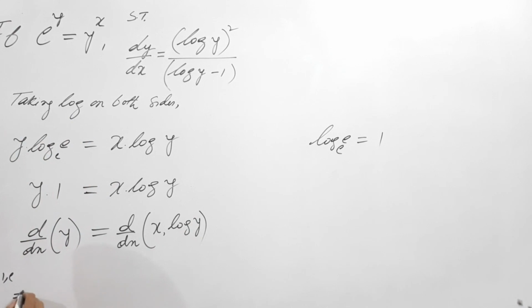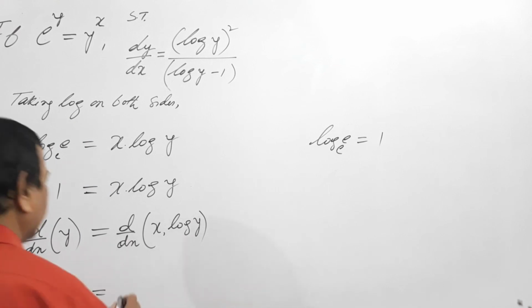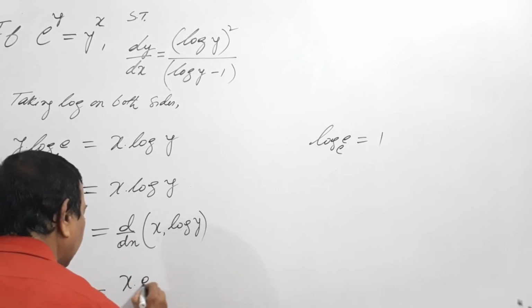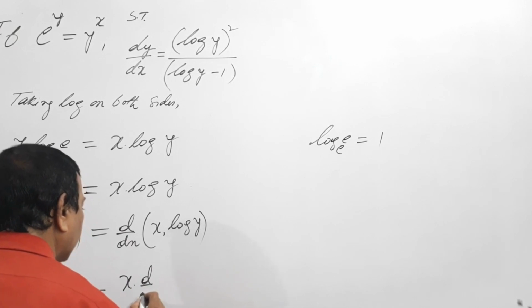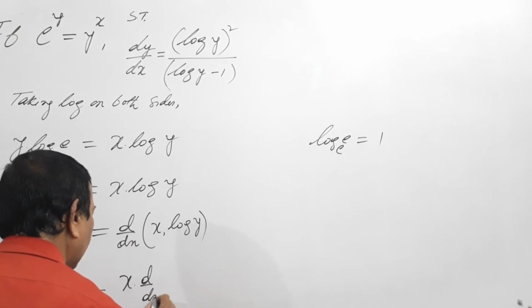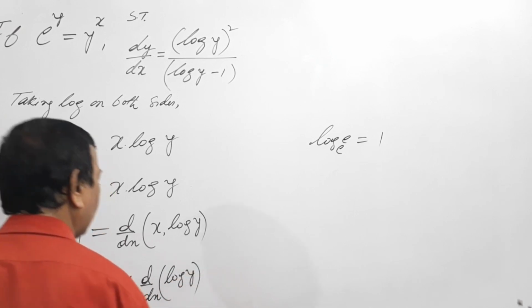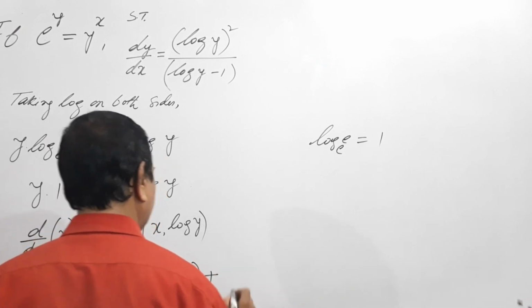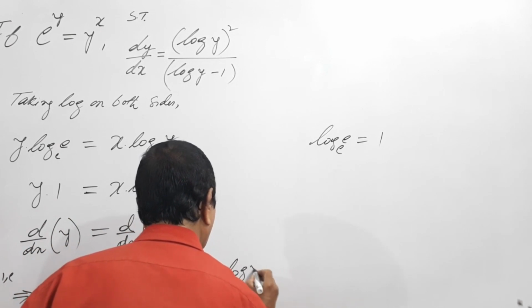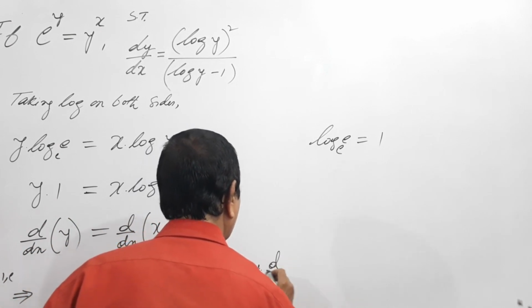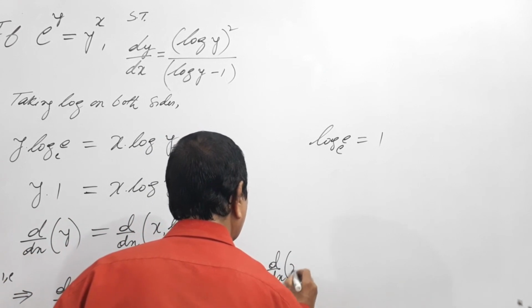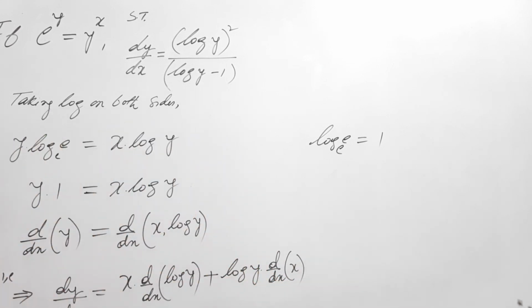That is dy by dx equals to, so this becomes x into d by dx of log y plus log y into d by dx of x. I rub this.